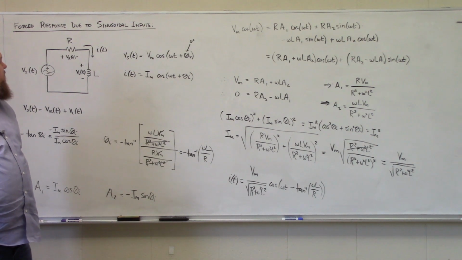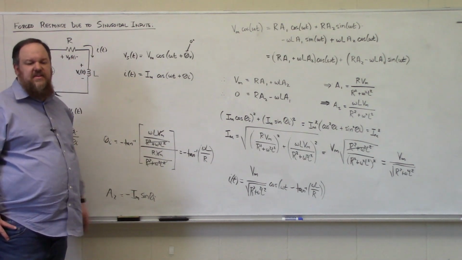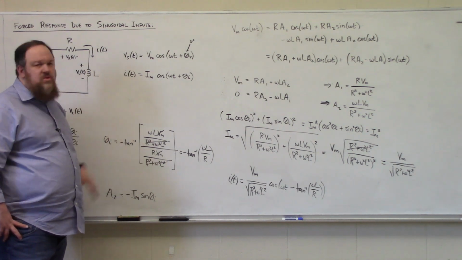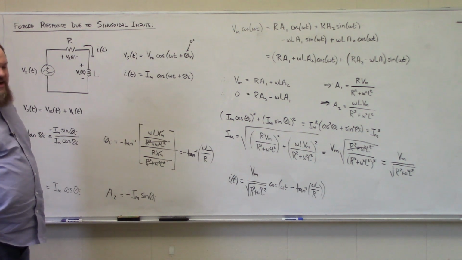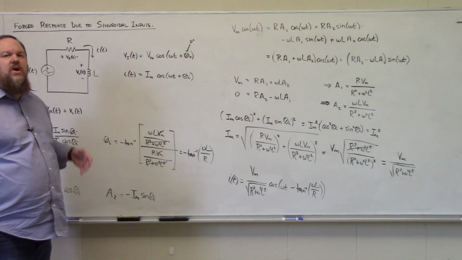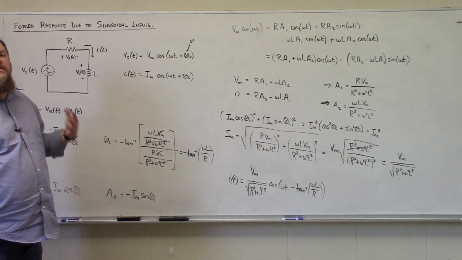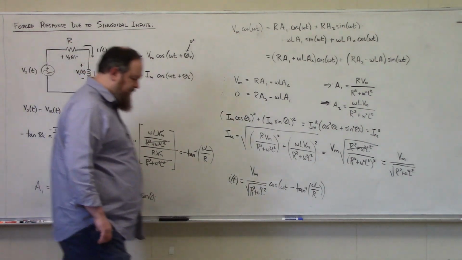And if we increase the level of complexity of this circuit simply by placing another resistor in parallel with this inductor, we would have to develop a whole new system of equations, which would make things very difficult to solve. When we come back, we're going to look at the first simplification that we can make in solving this style of circuit.